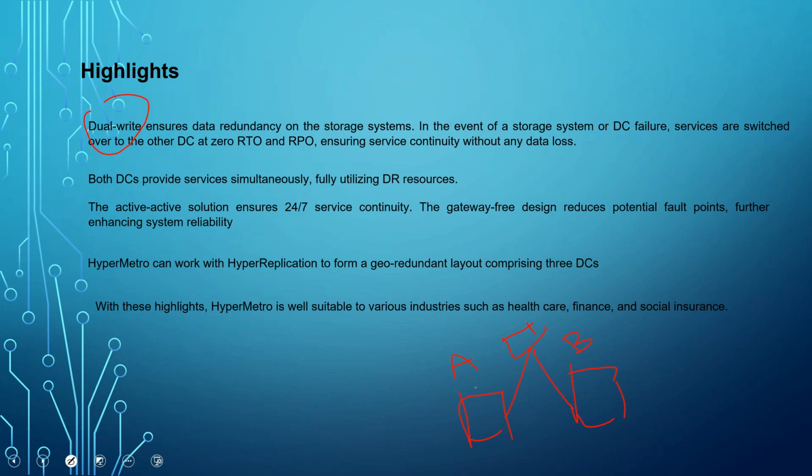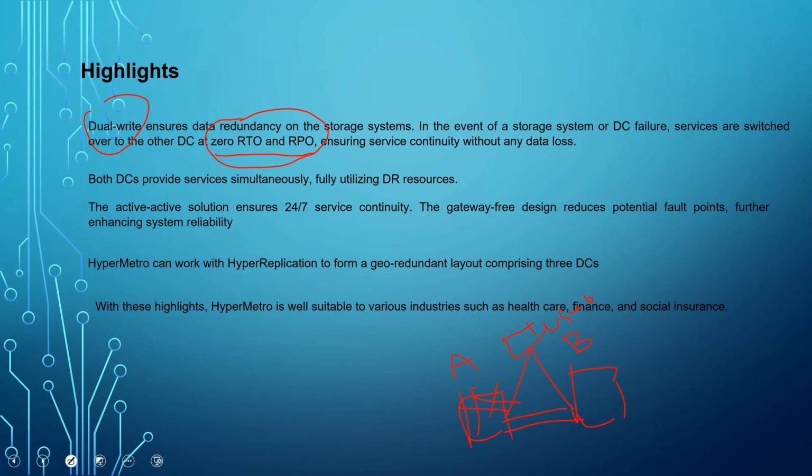So for example, if this goes down, you can get RTO 0 and RPO 0. If this storage is not available, the user can access the storage anytime, and the data will be synced. Data will always be synced. There will be no downtime, no data loss. So you can get 0 RTO and 0 RPO. This is the beauty of the active solution. And there will be no service interruption.